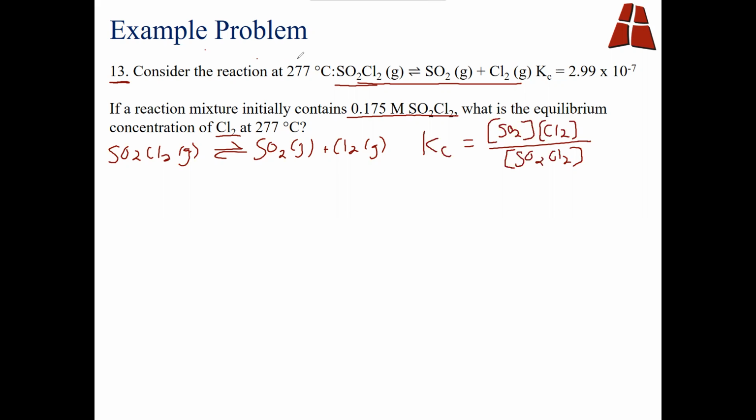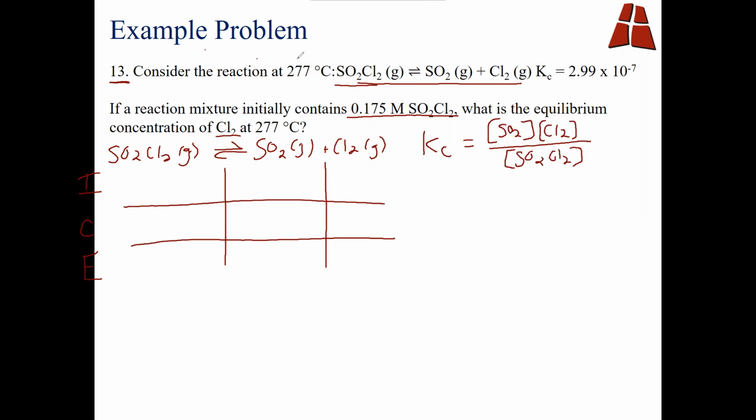And then our next step is going to be the same that we did last class. So we're going to make an ICE chart. ICE, which again stands for our initial concentrations, our changing concentrations, and then our equilibrium concentrations. Okay. This time we're only given our initial concentration of our reactant.